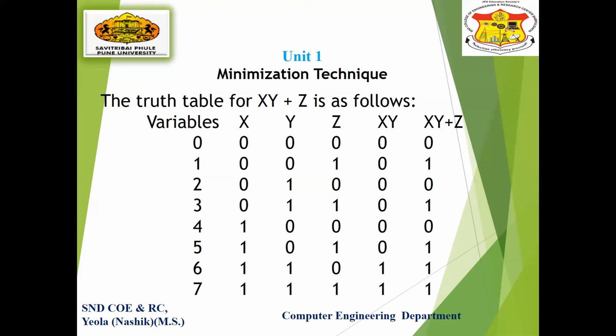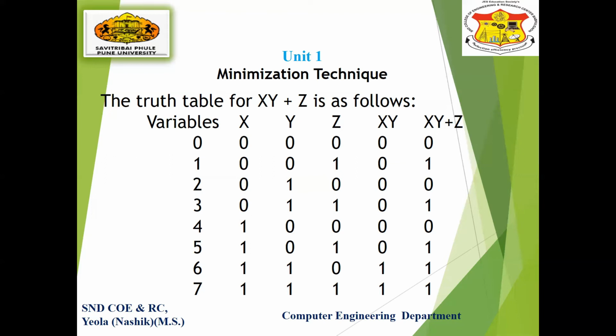What will the output be? We know that for x and y with 0 0, the output should be 0. For the AND operator, if any one input is 0, then the output should be 0.